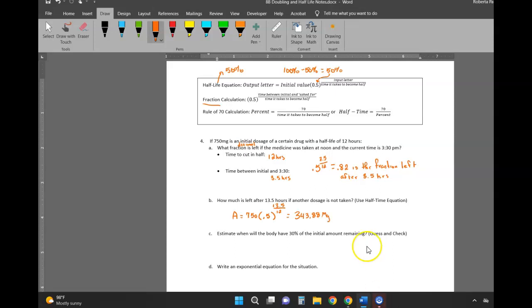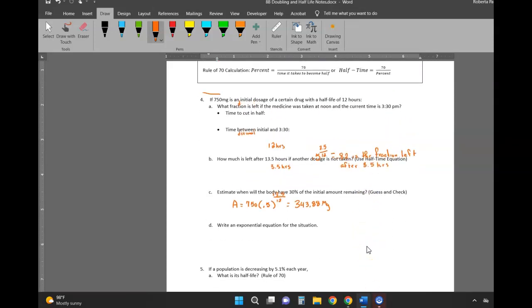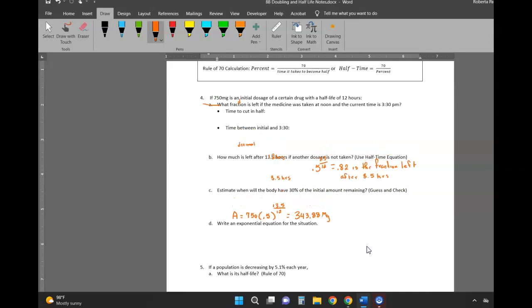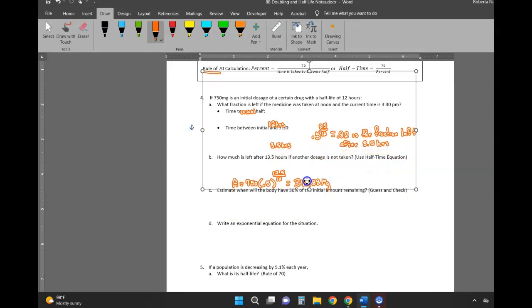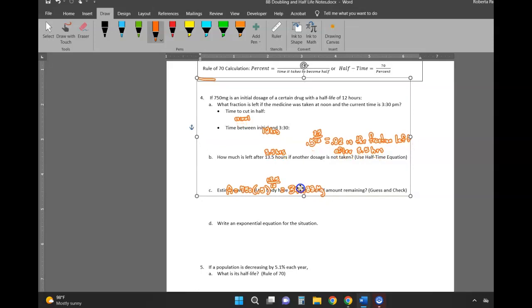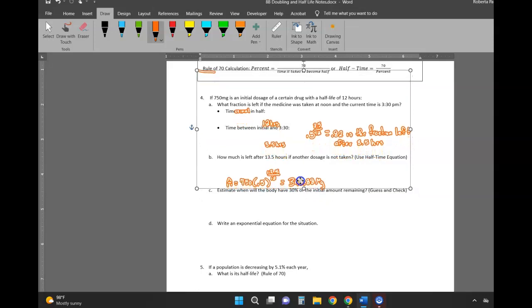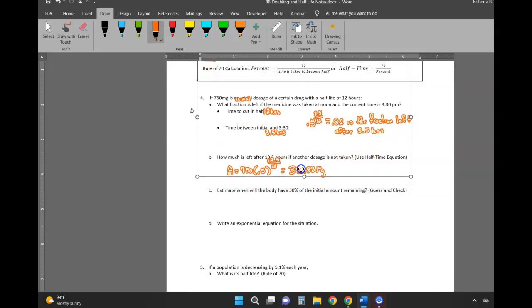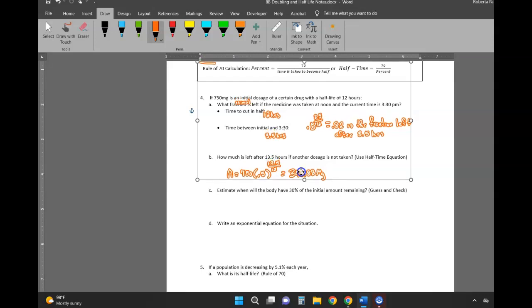Now we want to estimate when the body has 30% of the initial amount.